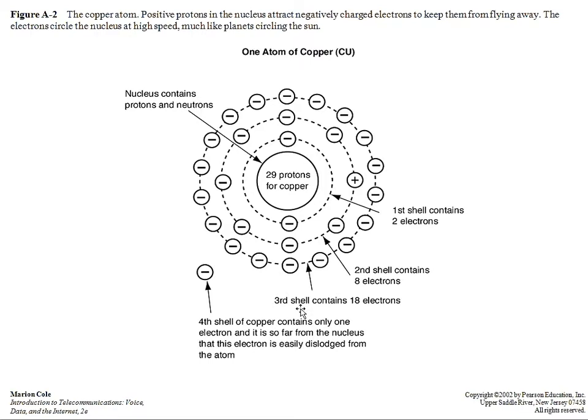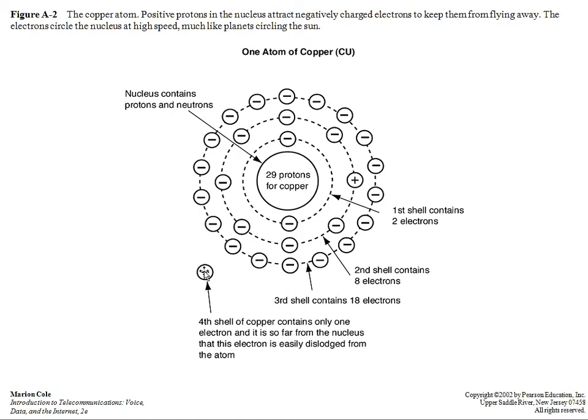The valence shell is the outermost shell, and that means that copper is very reactive. It will easily give up this lone electron in its valence shell, so that when we have a copper wire, what we have are a dense clustering of all of these copper atoms.